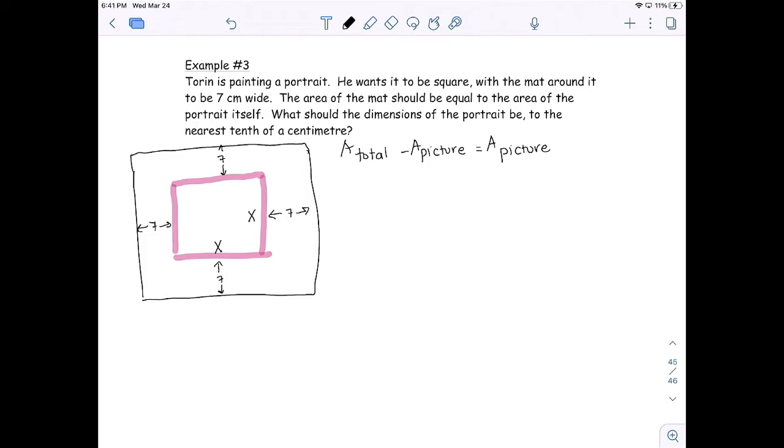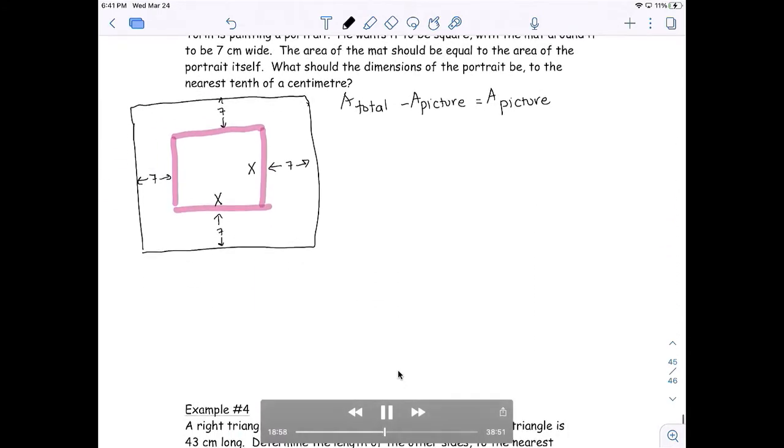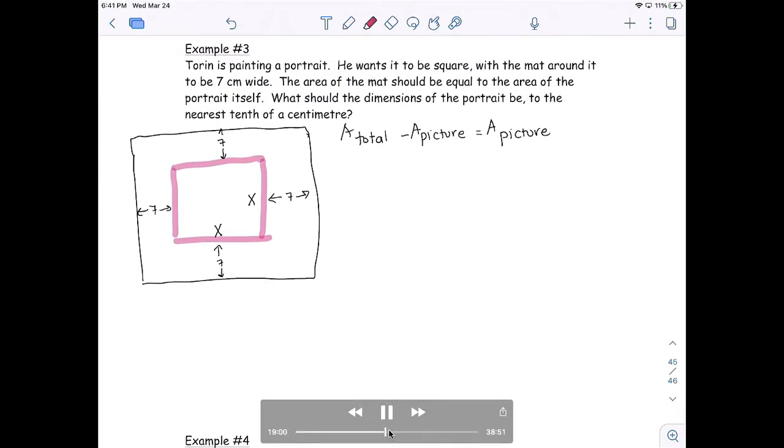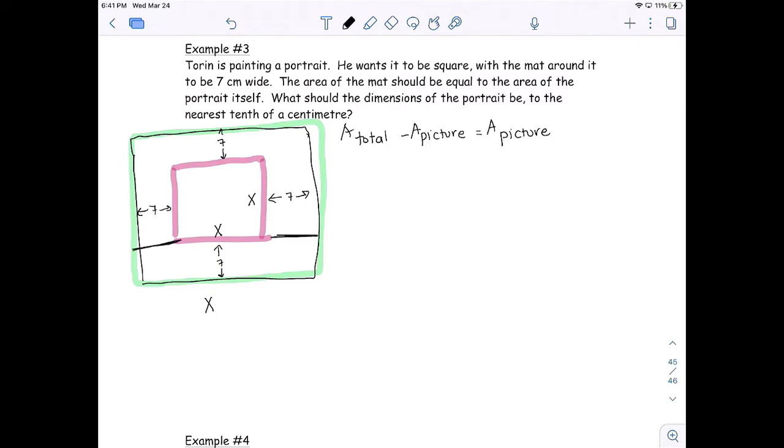Now, the area of the total, we have to find that. We have to figure out what the side length of one of these sides of the square is. Now, we know that x is the picture, right? So x is the picture, and what's happening is we have 7 being added on one side and 7 being added on the other side.